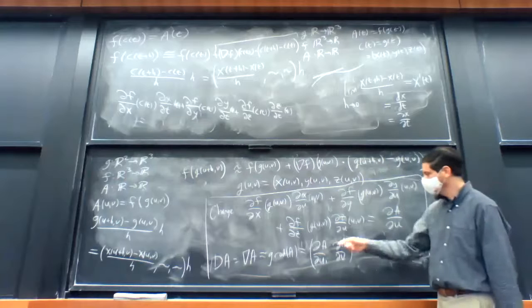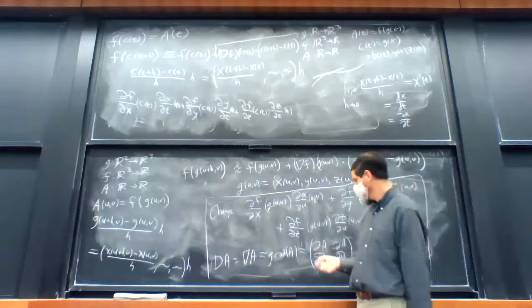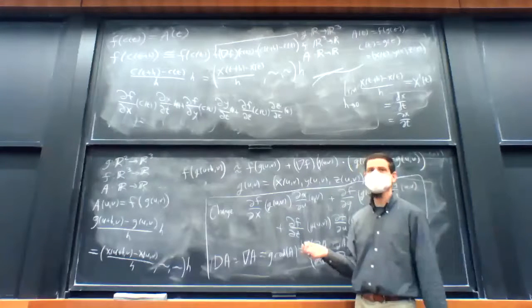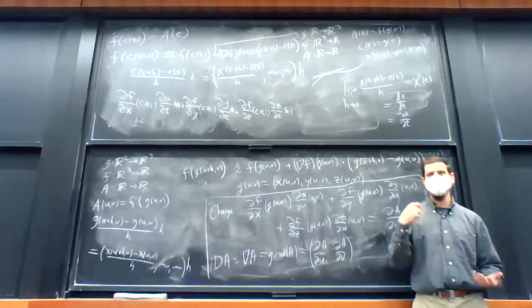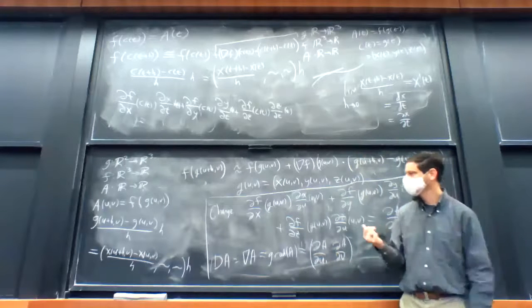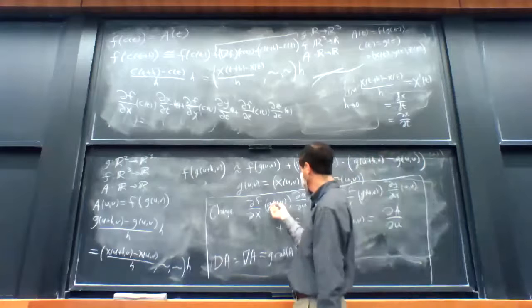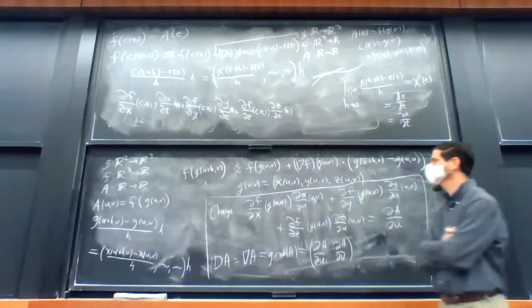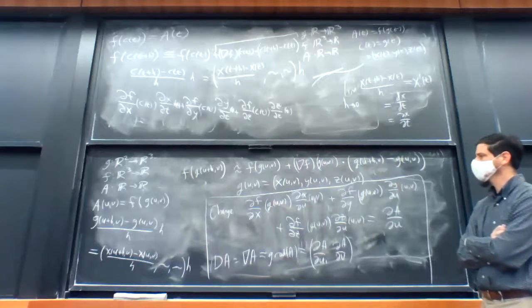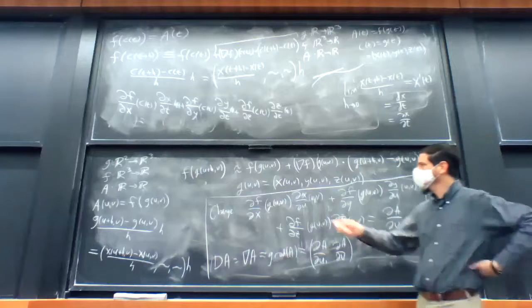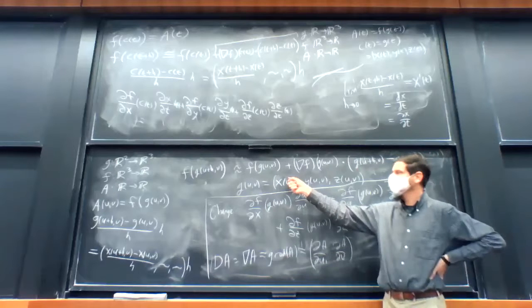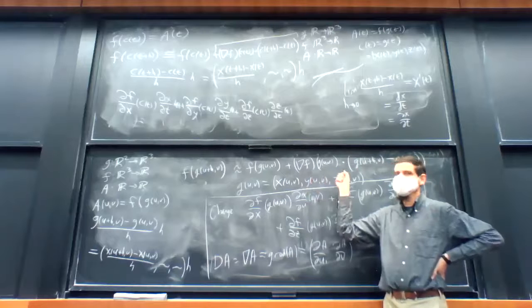If you think about it, dA du should be related to derivatives of f and g. I'm viewing my g as really x of uv, y of uv, z of uv. If you want to, you could almost do this as g1 of uv, g2 of uv, g3 of uv.